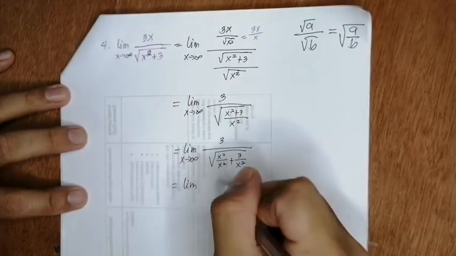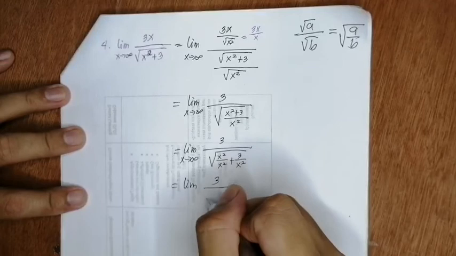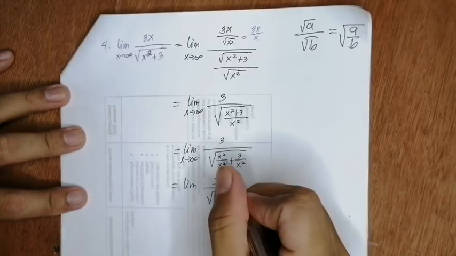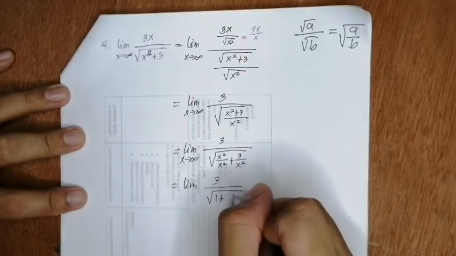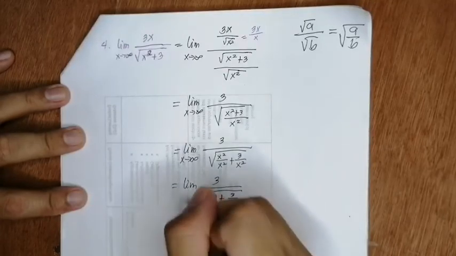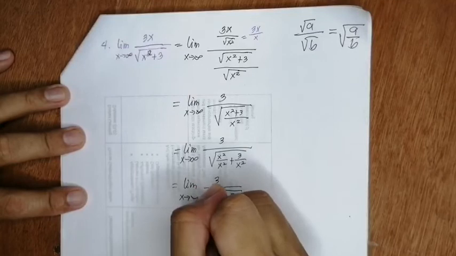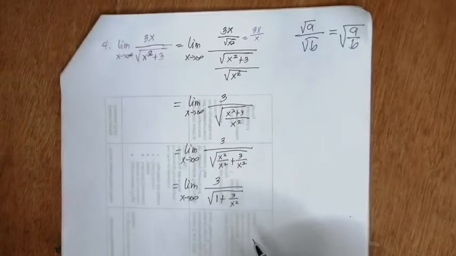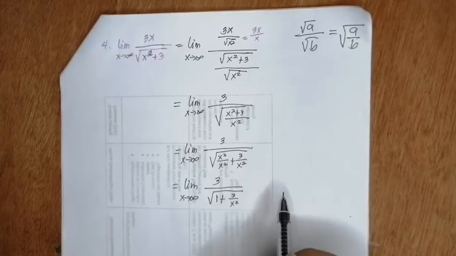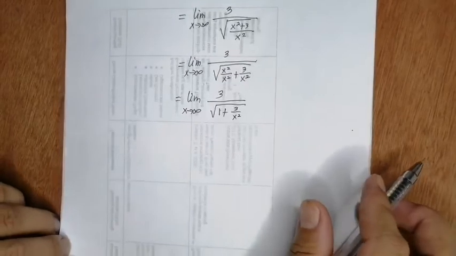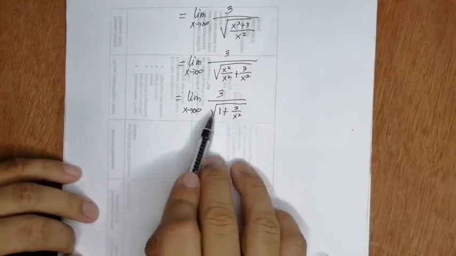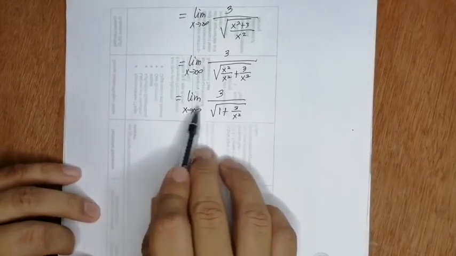So, again, this is 3 over square root of, simplify what is x squared over x squared. So, that's 1 plus 3 over x squared as x approaches positive infinity. Okay? So, ngayon, titingnan natin ngayon yung masisimplified na sagot natin kapag dinistribute natin yung limit na to.